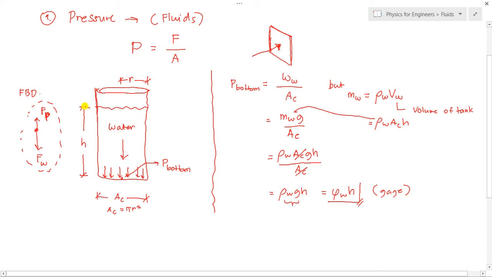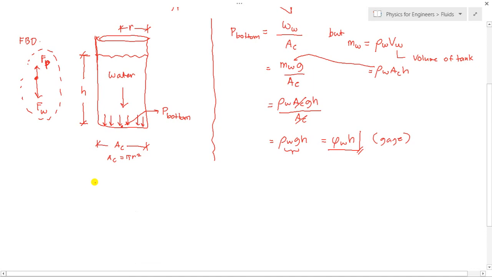This is not actually the absolute pressure, because just a review, P absolute is equal to the gauge pressure plus the atmospheric pressure, right? Now, if the gauge pressure is negative, that indicates a vacuum pressure.